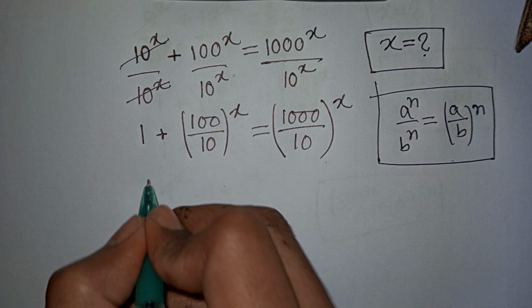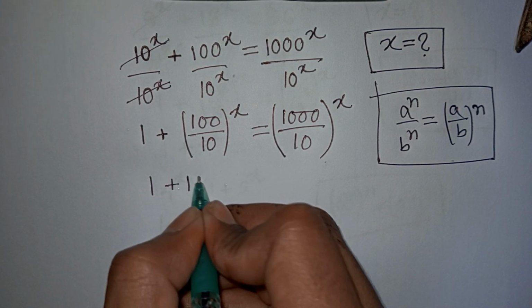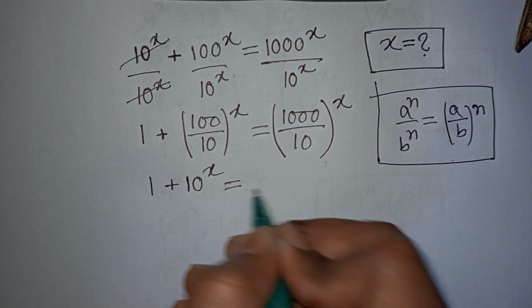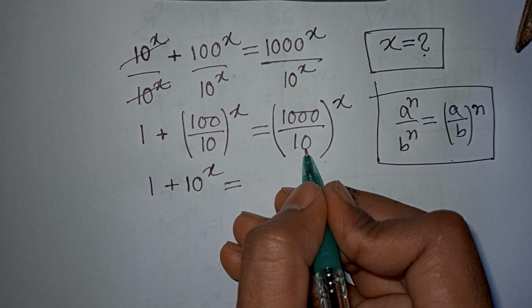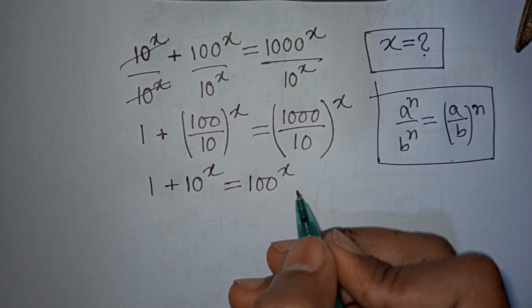Now, 1 plus 100 divided by 10, that means 10^x is equal to 1000 divided by 10, that means 100^x.